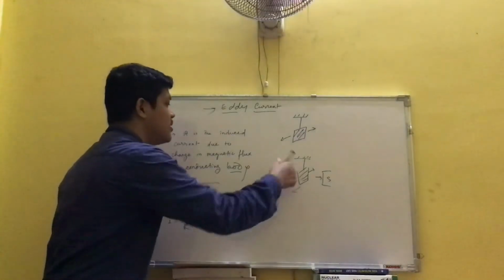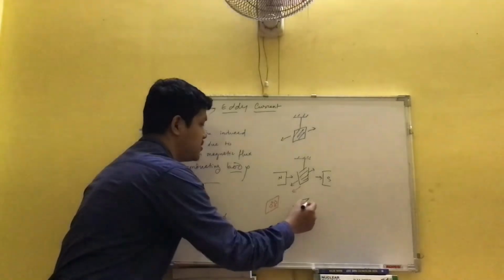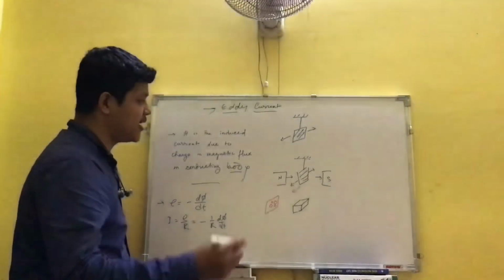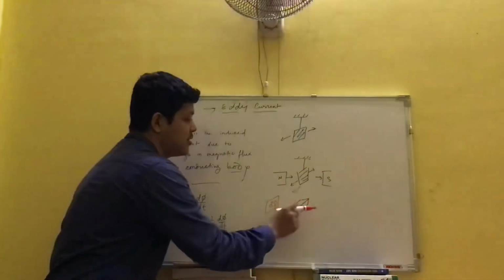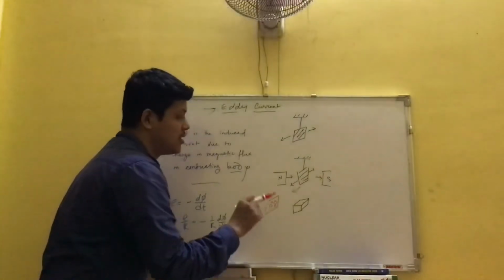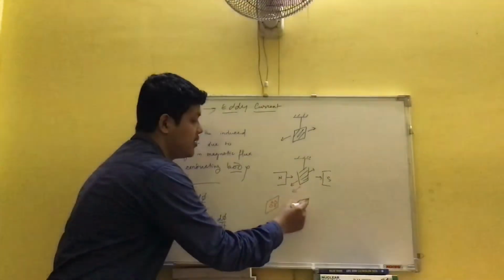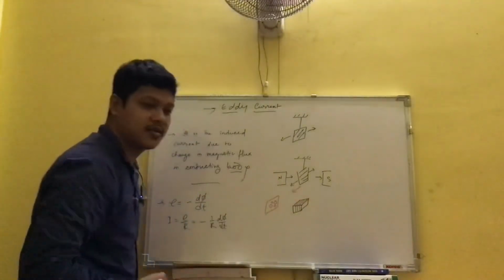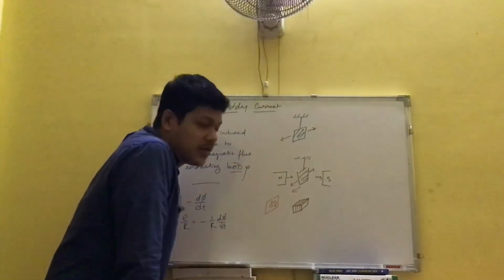And if you place a solid body, suppose like this box type body, in order to reduce the eddy current here, instead of this solid we will use a solid made of many plates separated by insulating materials. Then also we can minimize this eddy current heat loss.